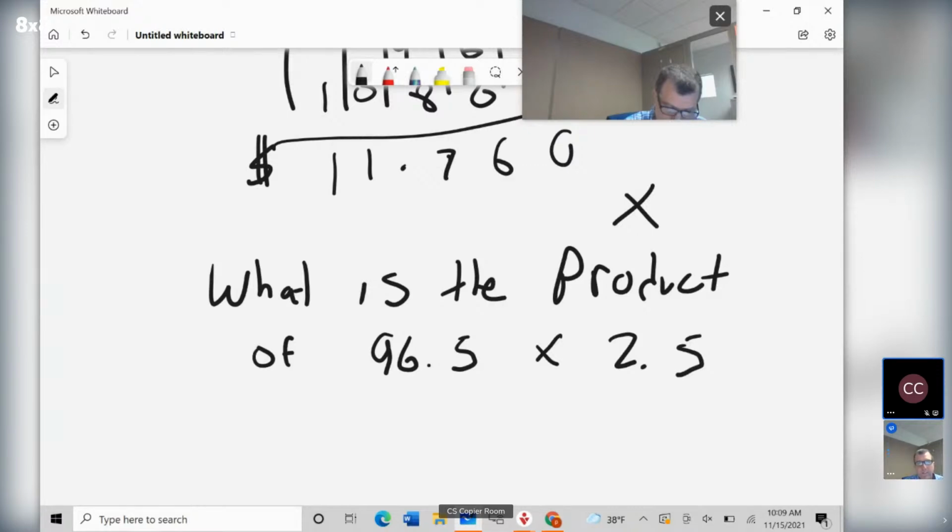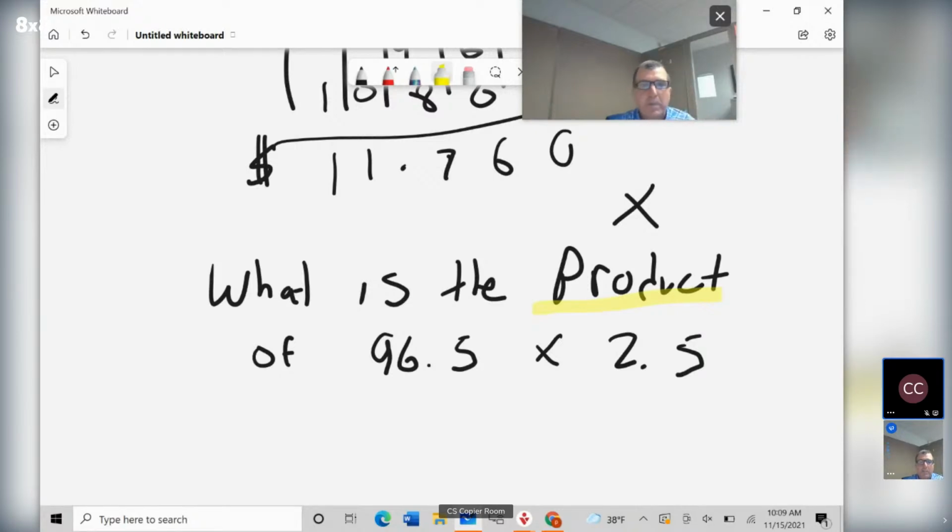If we look at this at face value, 2 times 96 is going to be 192. So we know our product is going to be a little bit bigger than 192 because we have a half and a half.